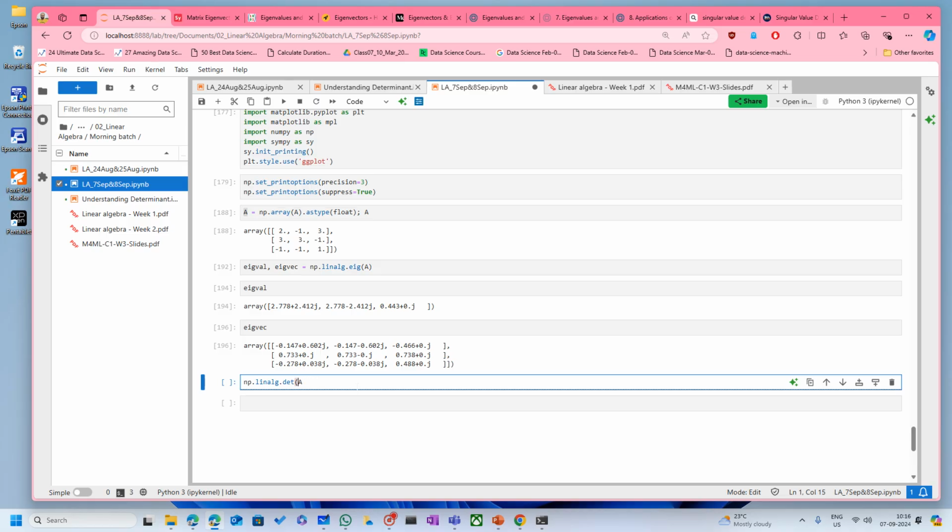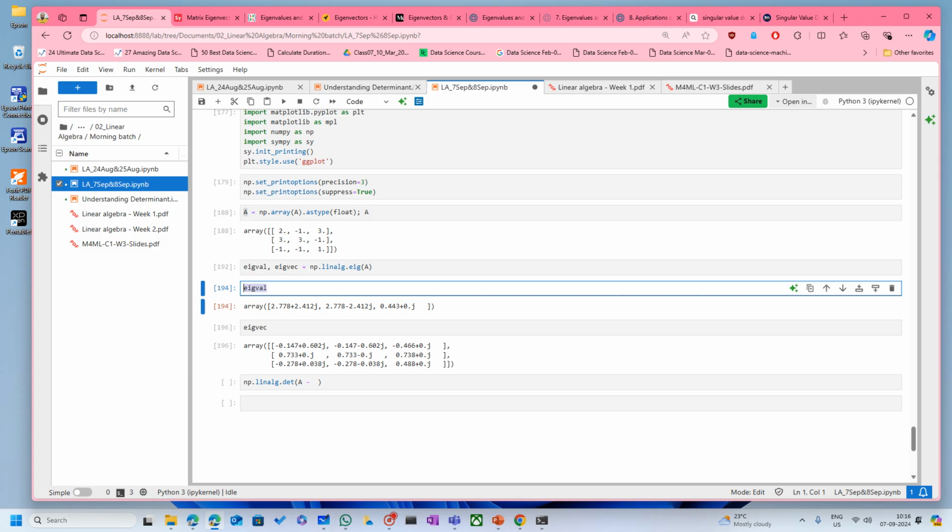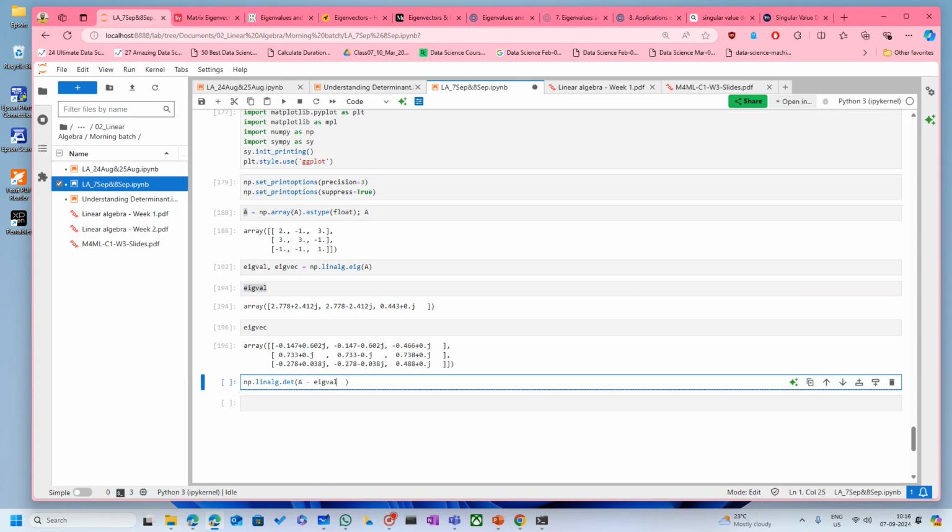Inside the bracket you have to pass minus lambda. What is our lambda? Eigenvalue. Multiplied by the identity matrix, you have to calculate the dot product, np.eye of 3.